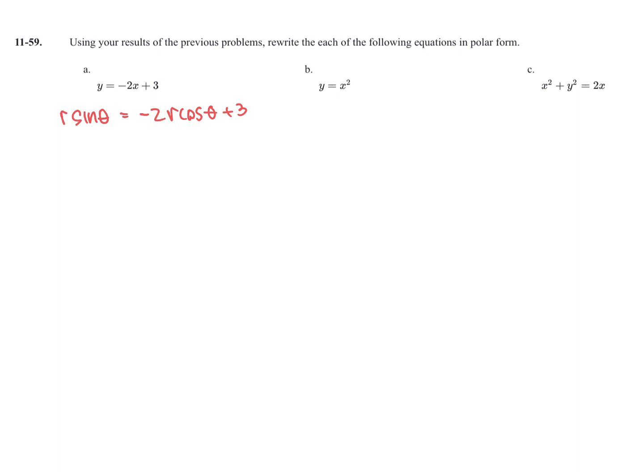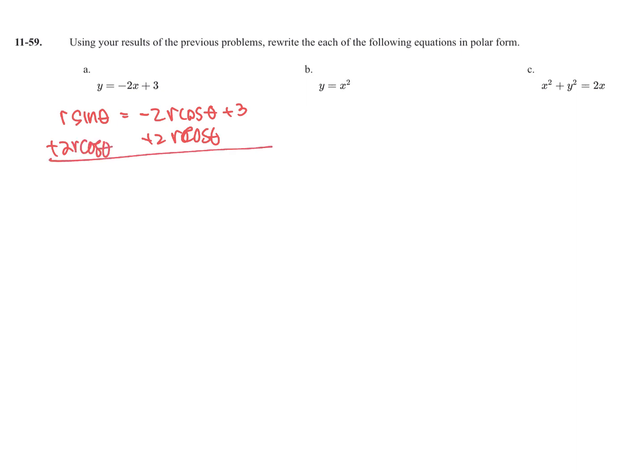Now what I'm going to do is bring it all to one side. I need to solve for r, so I need to bring the negative 2r cosine theta over. So remember, the goal is to solve for r. So plus 2r cosine theta.